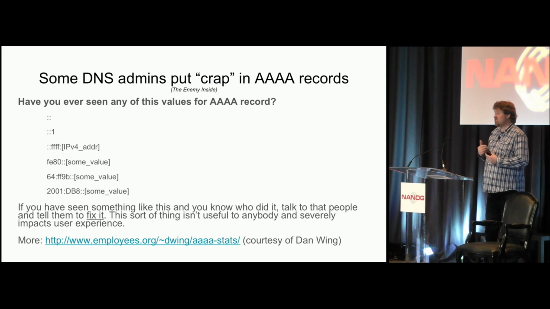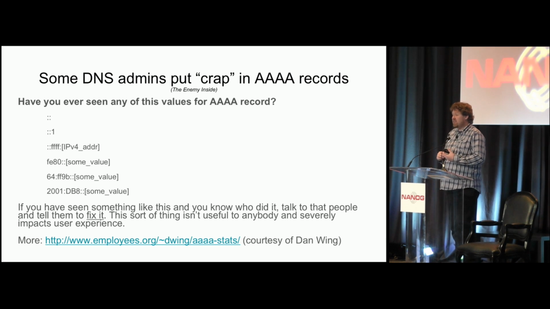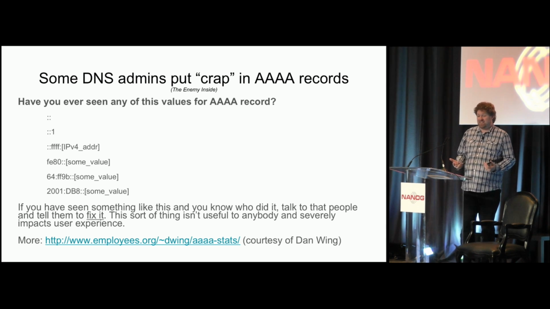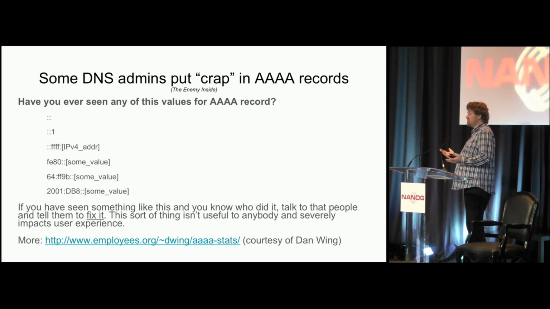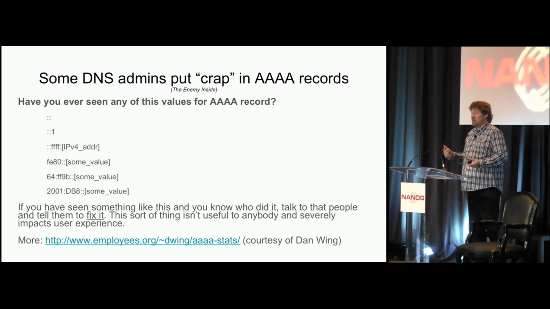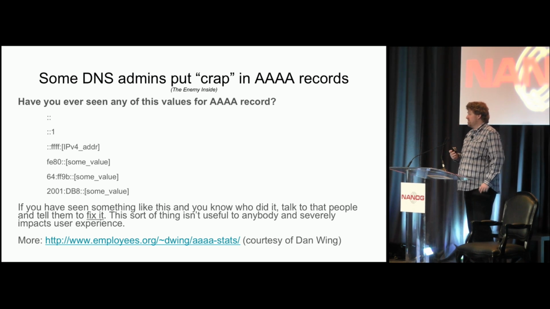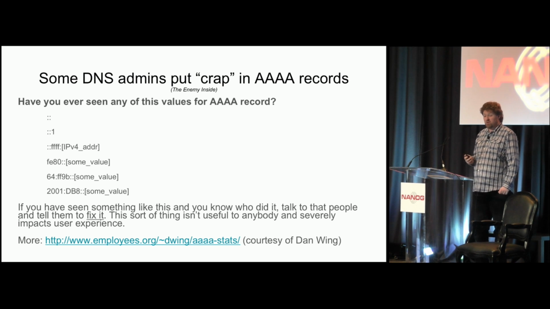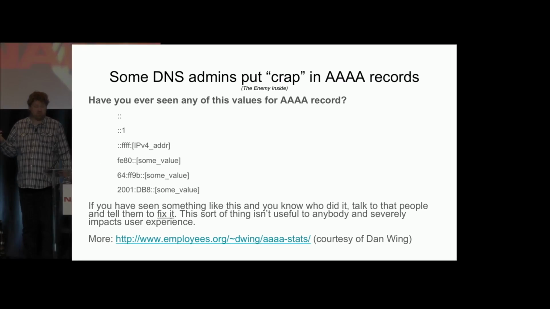Now this is actually one of the biggest problems. Some people put really, really strange stuff in their DNS. I guess maybe the requirements from the customer say you have to support v6, so they just put some random AAAA record in just to meet a requirement. Or they just don't know what they're doing, but we've seen things with v4-mapped addresses in there.